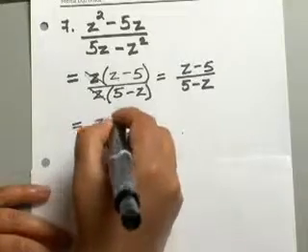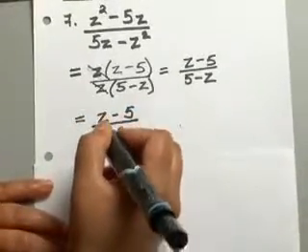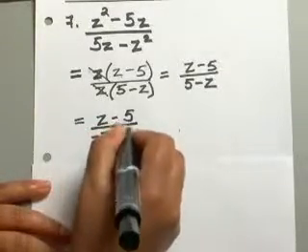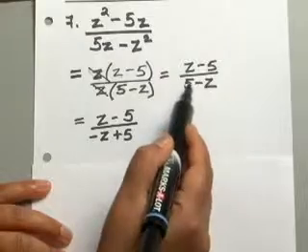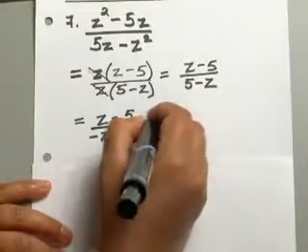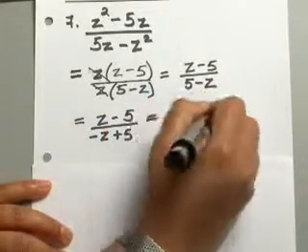Okay, so let's say we want to rewrite our denominator this time. We will leave our z minus 5 the same, and we'll rewrite our denominator, which will give us -z plus 5. Again, I'm just changing the positions of the -z and the 5, and this will give me, numerator stays the same.